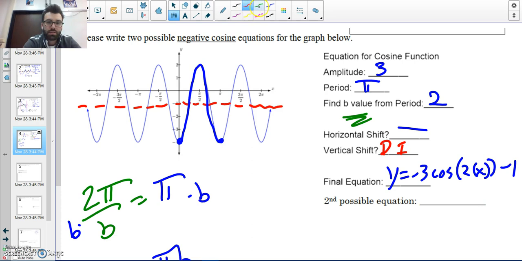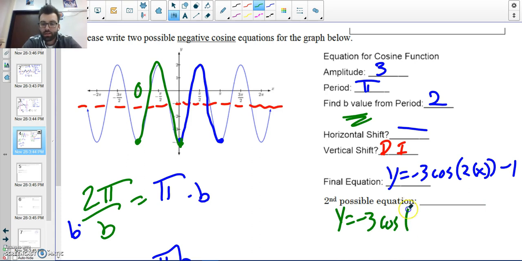Another possible answer, right here to there. The only thing that's going to change now is my horizontal shift. I went left pi: y equals -3 cosine of 2x plus pi, minus 1.